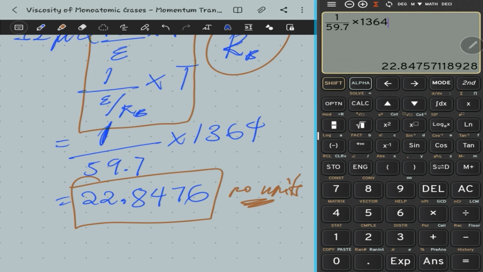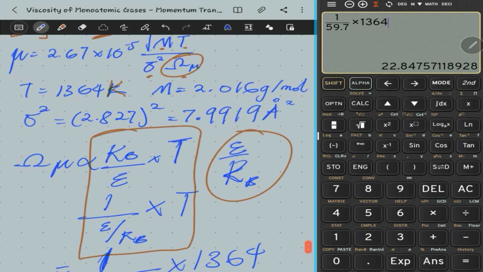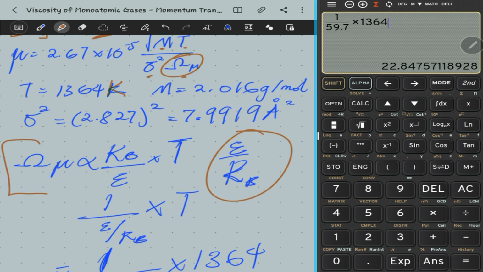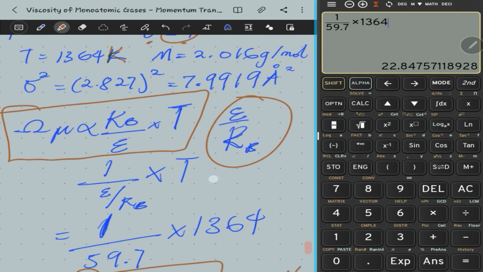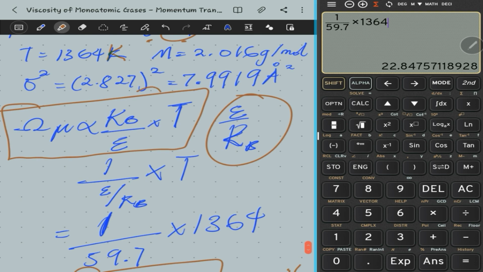That's actually the KBT over the energy parameter. But we are saying that the collision integral is proportional to this. So this whole thing is proportional to that. Now that we found the value for this, we should be able to find the proportional value for this. That's what it's saying.